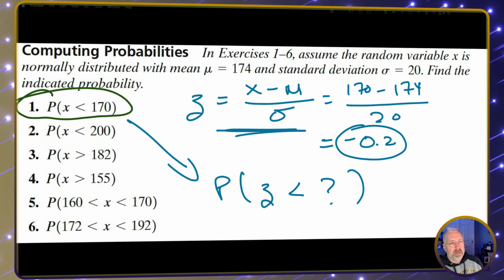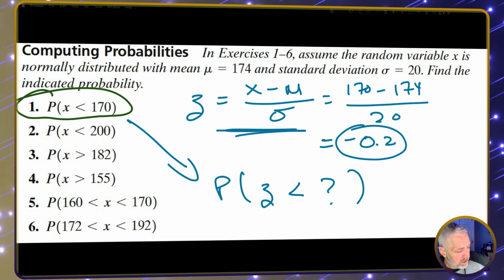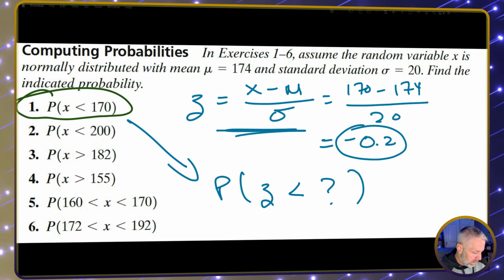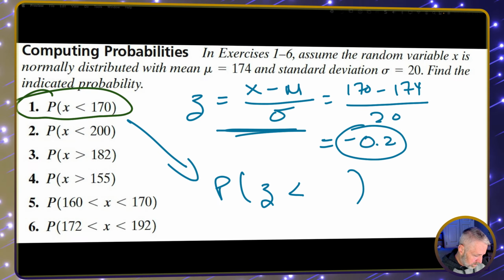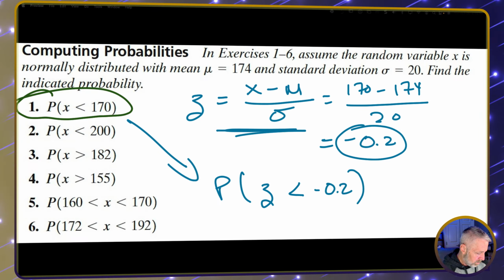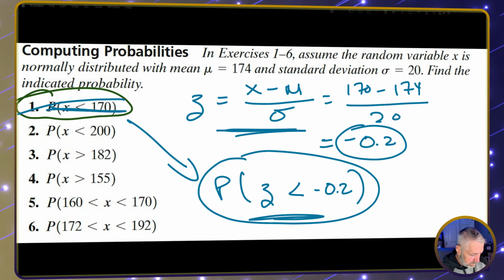I don't have my table up here, the table that we used in class to reference back today. So what I'm going to do now is transition to the calculator, and let's take a look at that. So in other words, instead of looking at this, we're looking at this.